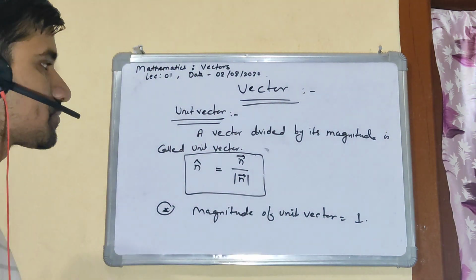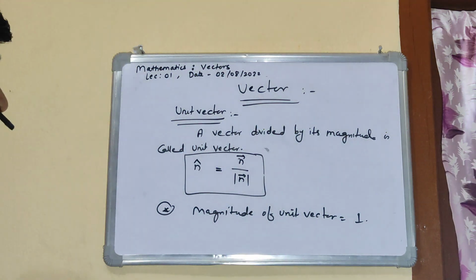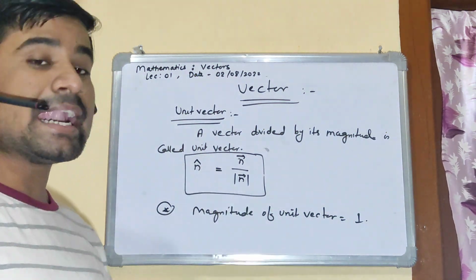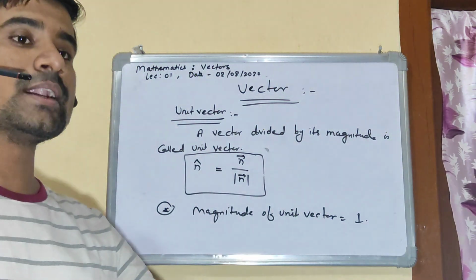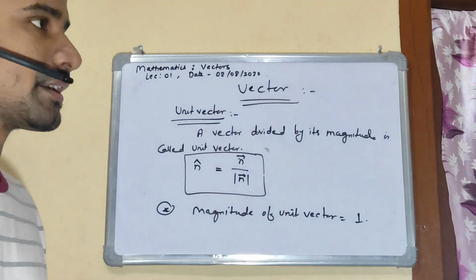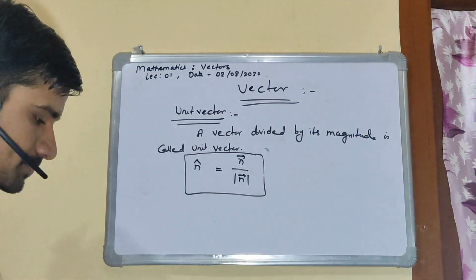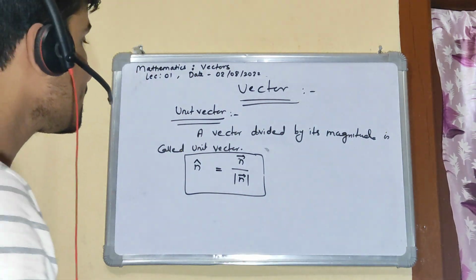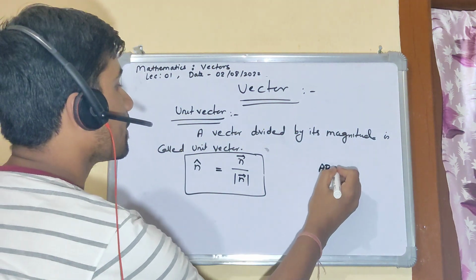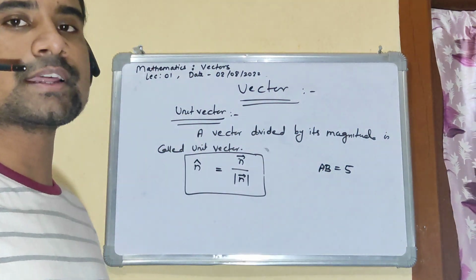Okay. So why is a unit vector needed? By attaching a unit vector to any scalar quantity, we can create a vector. So let's say there is a quantity AB equal to 5. This is a scalar quantity of magnitude 5. It does not have a direction.